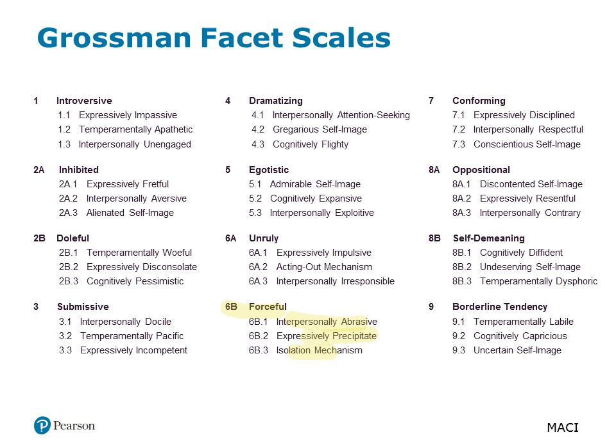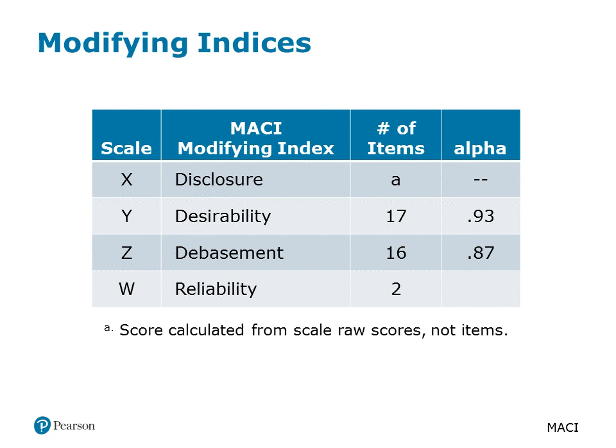So I've talked so far about the expressed concern scales, I've talked about the clinical syndrome scales, and I've talked about the personality pattern scales. I also mentioned that the MACI includes a number of modifying indices, 4 modifying indices: disclosure, desirability, debasement, and reliability.